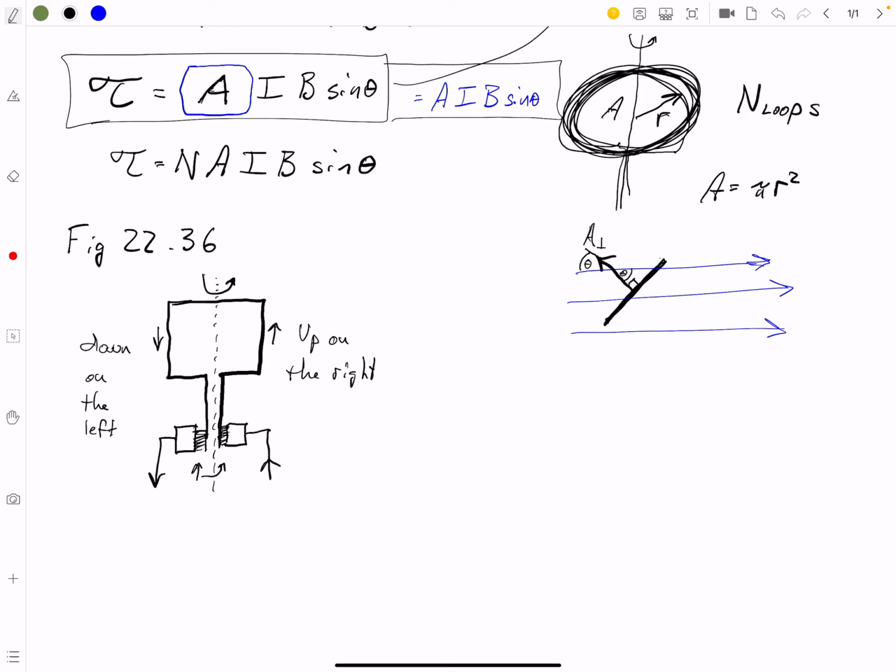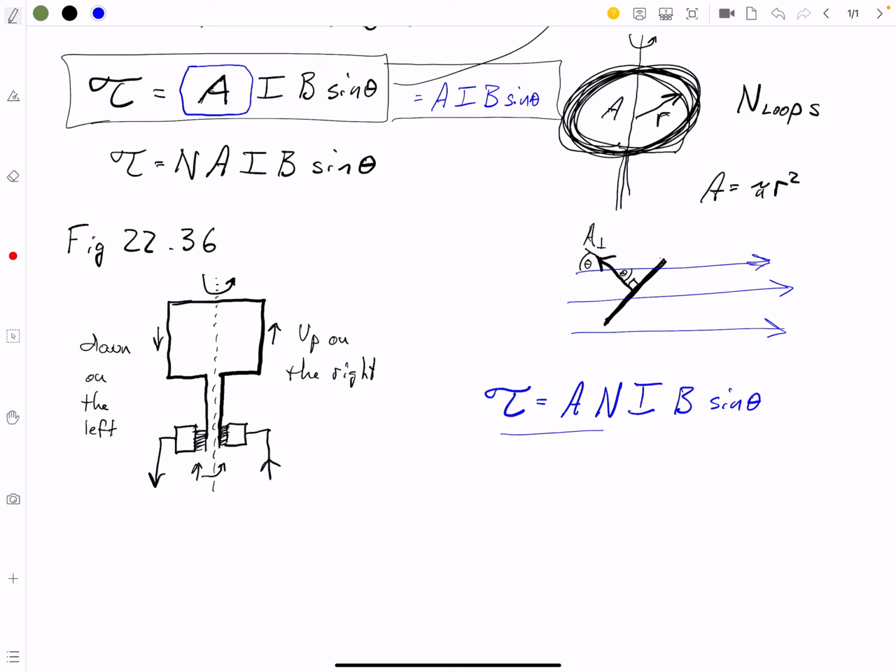Like, what? And so I'm going to write the equation. This is the equation that you need to know. The area of the loops times the number of the loops times the current times the B field. And then if you need to figure out the sine of the angle between them, between the normal and the B field, do that.